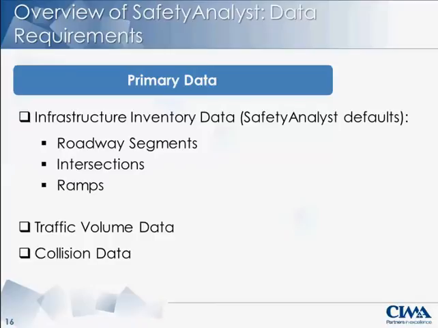And traffic volume. Traffic volume is in the form of ADT. For road segments, it is your ADT. For intersections, it is your entering ADT to the intersection. Just to be clear, what I mean by entering ADT.